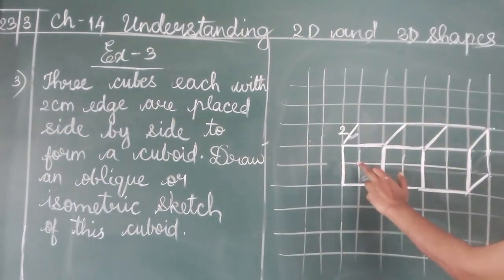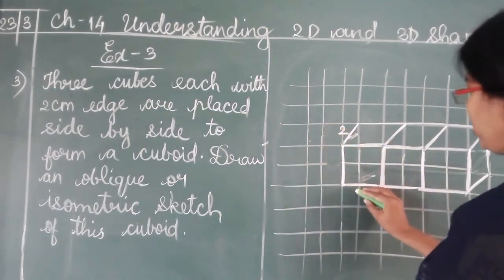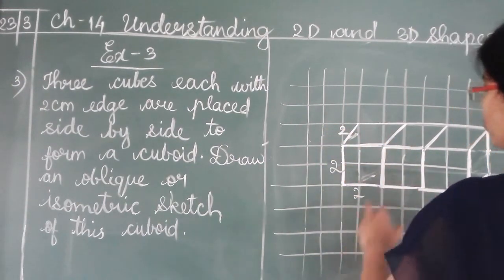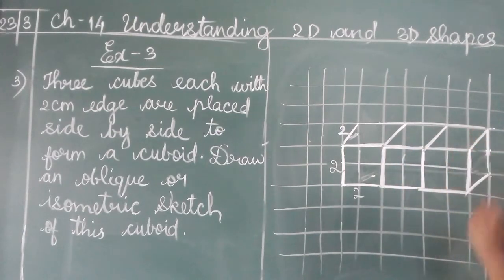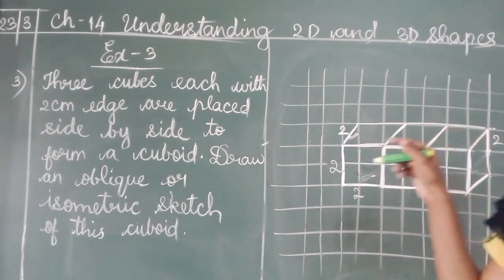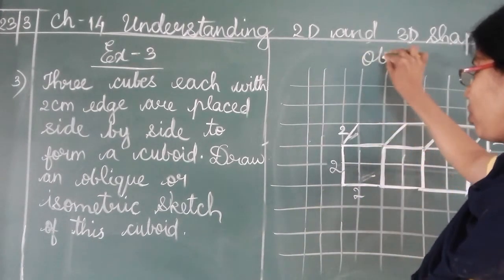This is the first cube which is having 2 centimeters. This is 2 and this is 2. This is the second cube, 2 by 2. This is the third cube. Understood this? This is the oblique sketch that we have drawn.